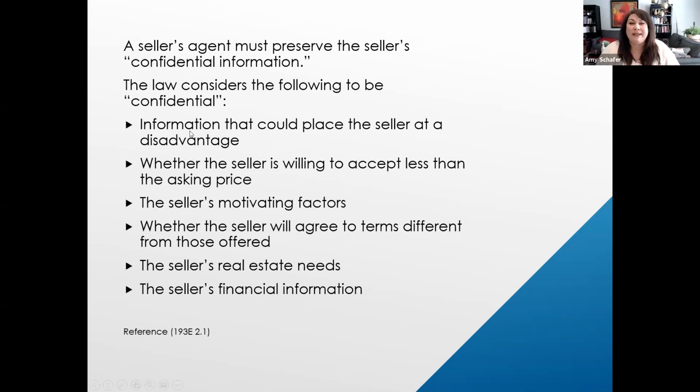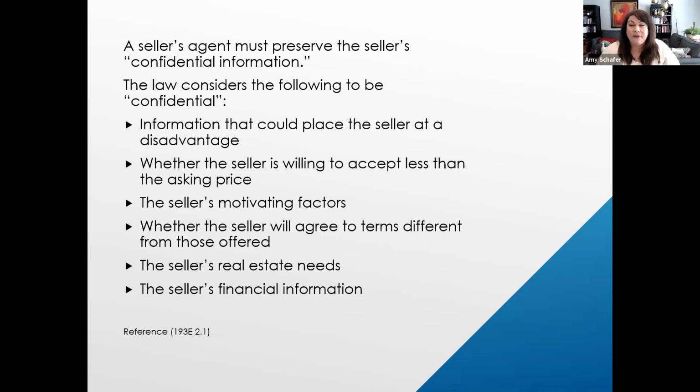So just as a few examples, a lot of times we have our sellers say, let the buyers know that we're really motivated. And usually what that means is they're motivated on their time frame, right? They want an offer fast, but that doesn't necessarily mean that they're motivated to negotiate down on their price. So if you do have a seller that says a comment like that to you, it is wise to get that in writing that you're able to share that.